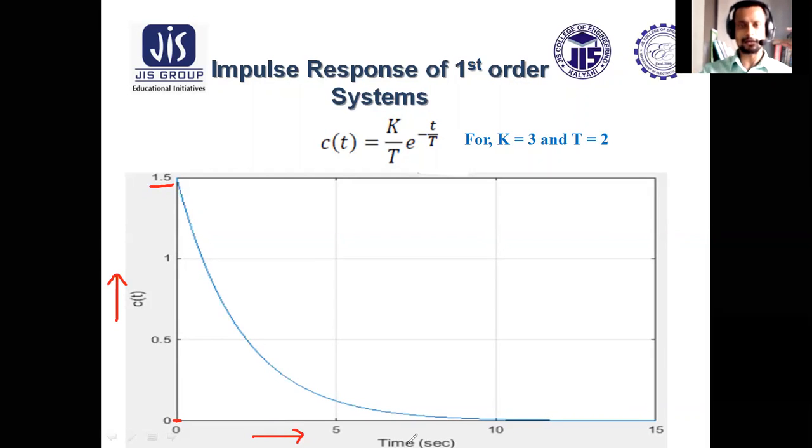When a voltage is applied across the RC series circuit, the capacitor will initially be charged to a constant value, and then when the switch is withdrawn, there is no voltage source connected with the RC combination, the capacitor will discharge through the resistor and it will be an exponentially decaying curve as shown here. So this is the impulse response of a first order system.